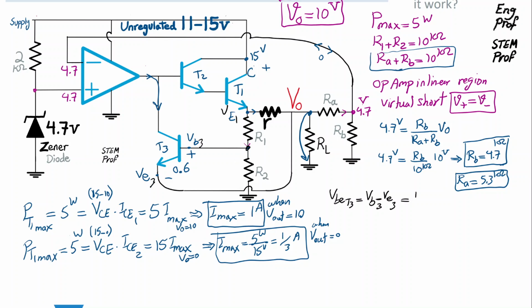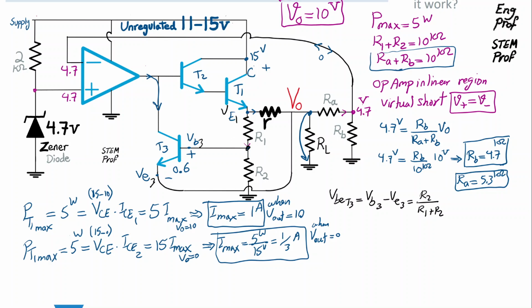So for voltage of base, I can write R2 divided by R1 plus R2 times voltage of emitter 1.